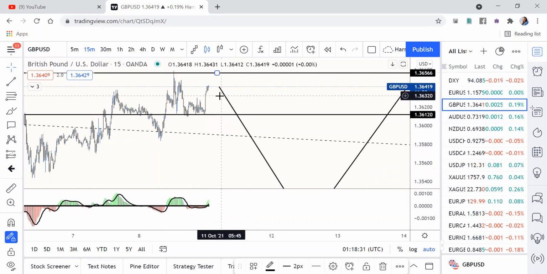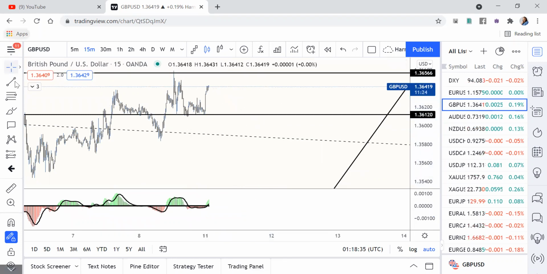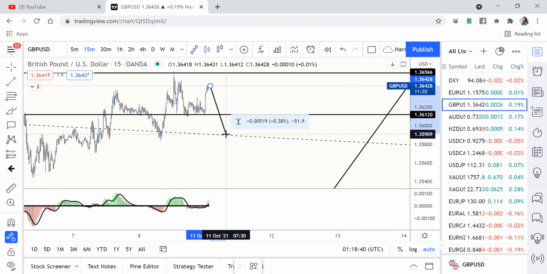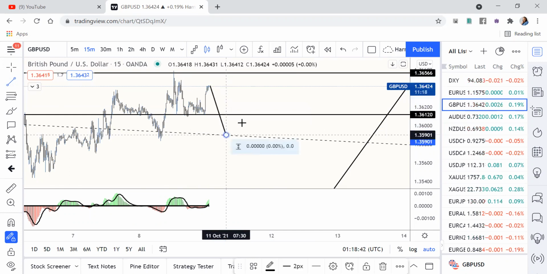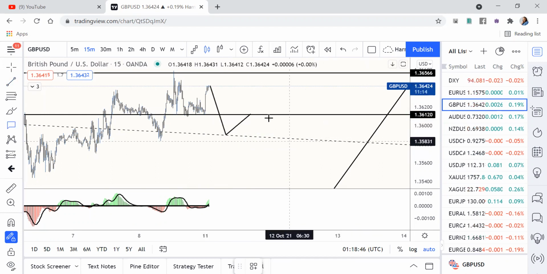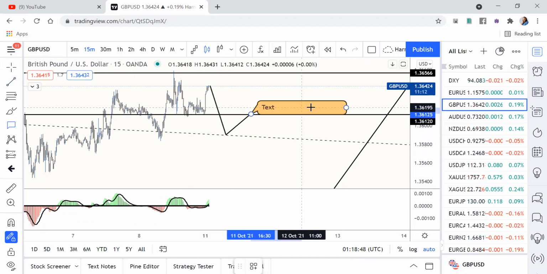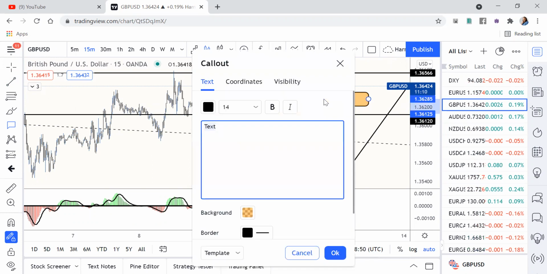So before I sell GU, dropping down to the 15-minute time frame, I need this price to break this 15-minute structure, retest, and then I will look to get in here for myself. So this is what we're gonna wait for.